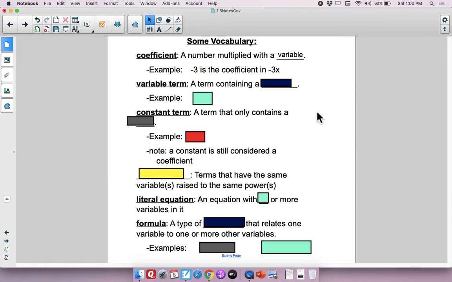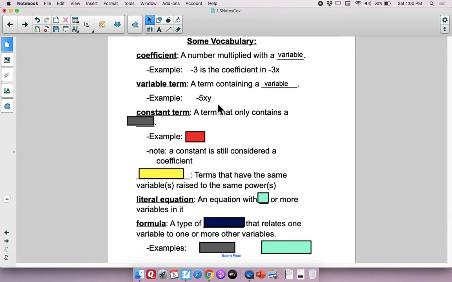Negative 3. Good. A variable term, remember terms are things that are added and subtracted or that stand alone. A term containing a variable would be a variable term. I hope you said variable, oh brother. So an example of that would be negative 5xy. Okay.